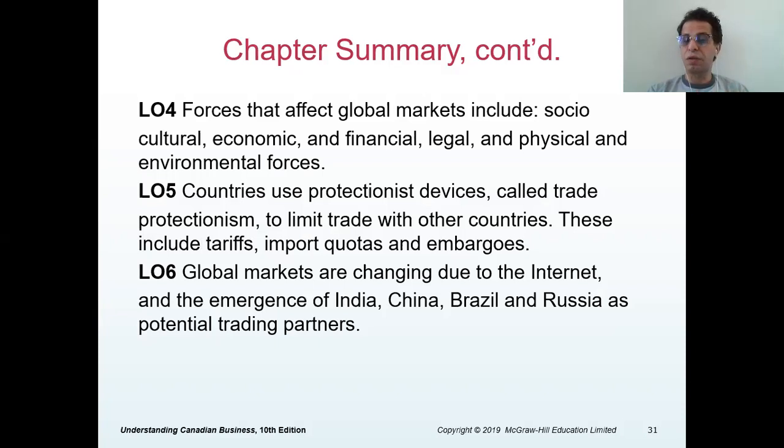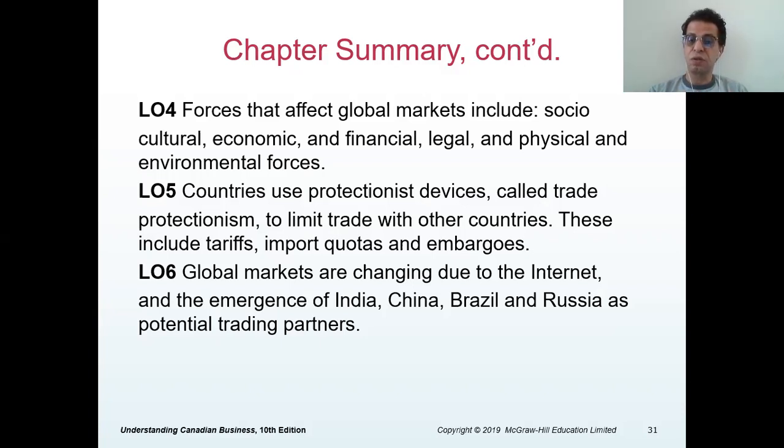And we talked about forces that affect the global market, including sociocultural, economic, the value of the currency, the appreciation or devaluation, the financial situation, the legal, and physical environment forces.